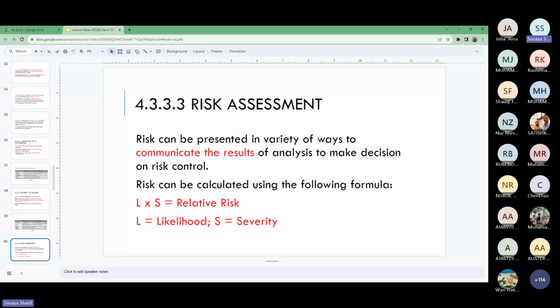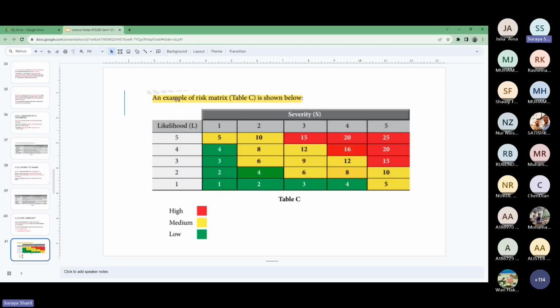And how we do risk assessment is by using this formula, which is L multiplied by S equals relative risk. L is likelihood and S is severity. So risk can be presented using this formula to communicate the results. This is an example of a risk matrix.